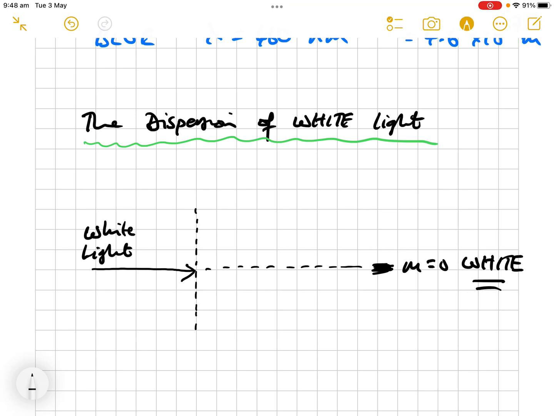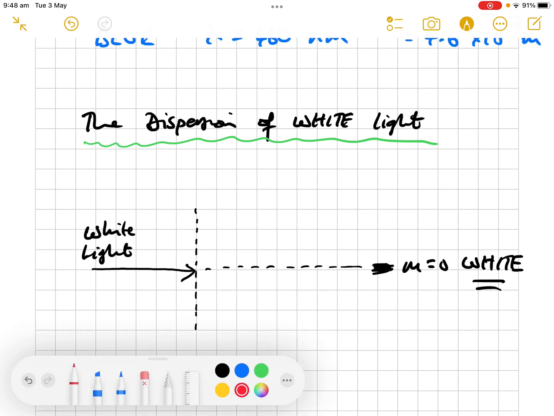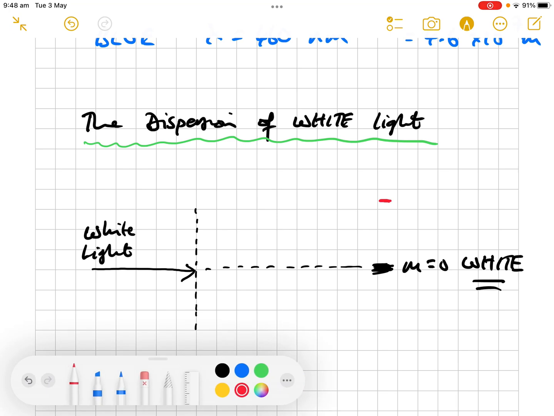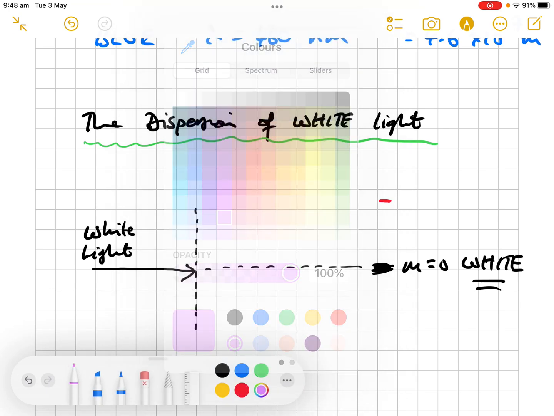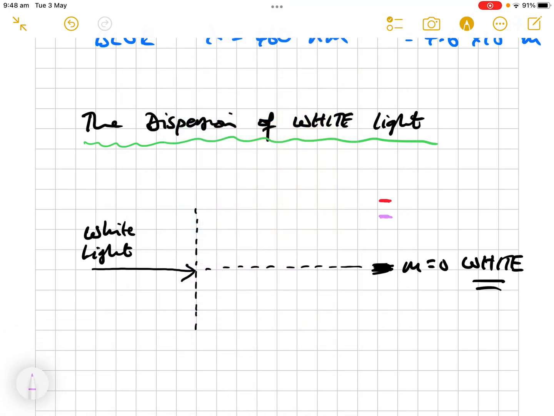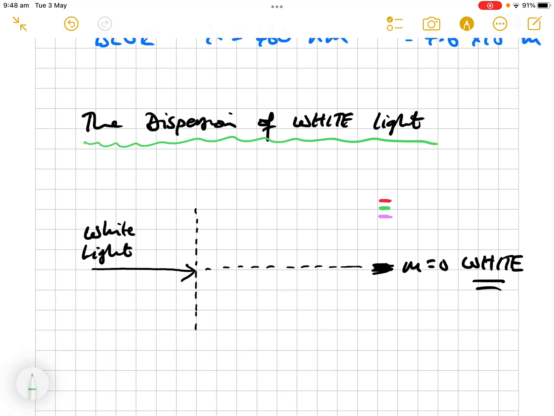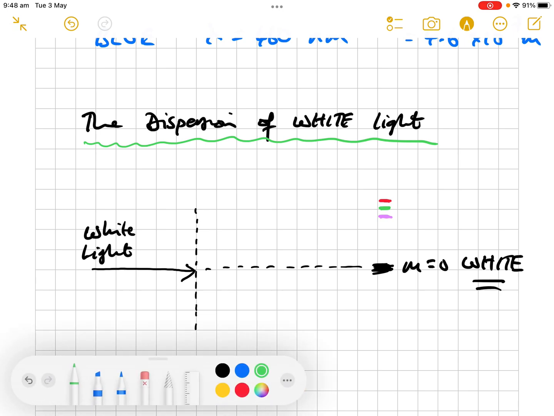However, if you go to, let's say, the first order maximum, then you'll find that you've got your red end of the spectrum further out than the violet end, and of course green would be in the middle.